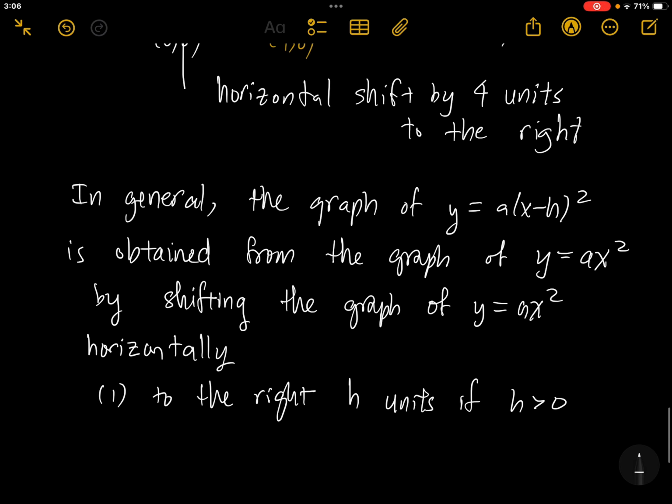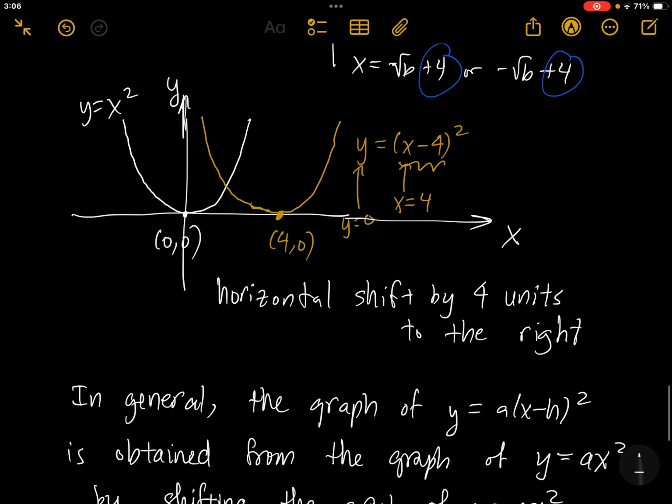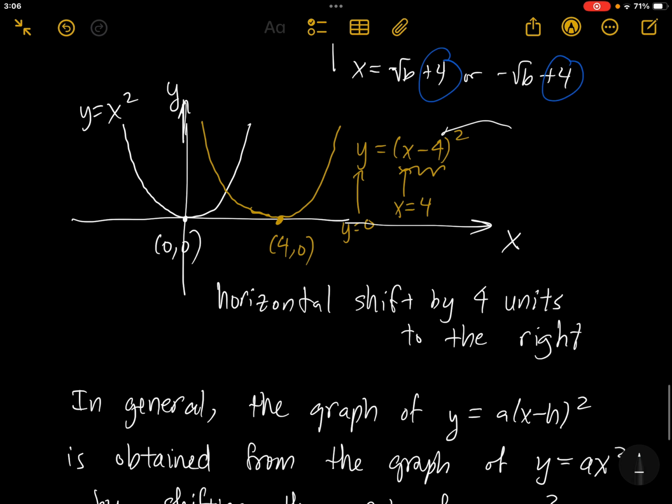So we're looking at the graph of y equals a times (x minus h) in parentheses squared. In this example, h was 4, and we shifted 4 units to the right.